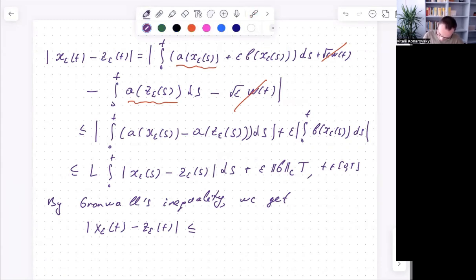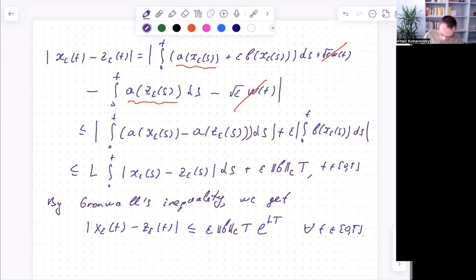It is epsilon times the norm of b in C, and then e to the power L T. And that is for every t from 0 to capital T.